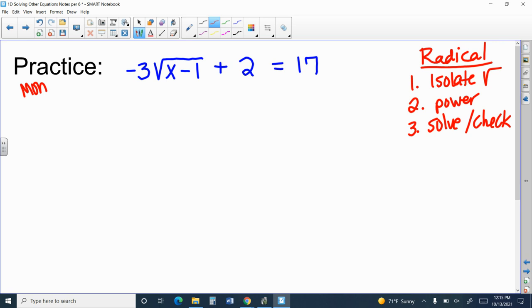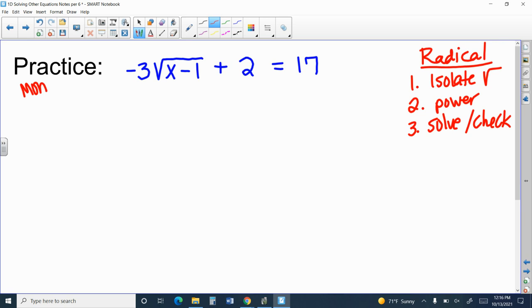Your algebra is correct. Don't forget to check for extraneous solutions. Plug the 26 into the original equation. So your algebra is correct. You want to plug this into the original equation. Yeah, so all three of you, your algebra is correct.